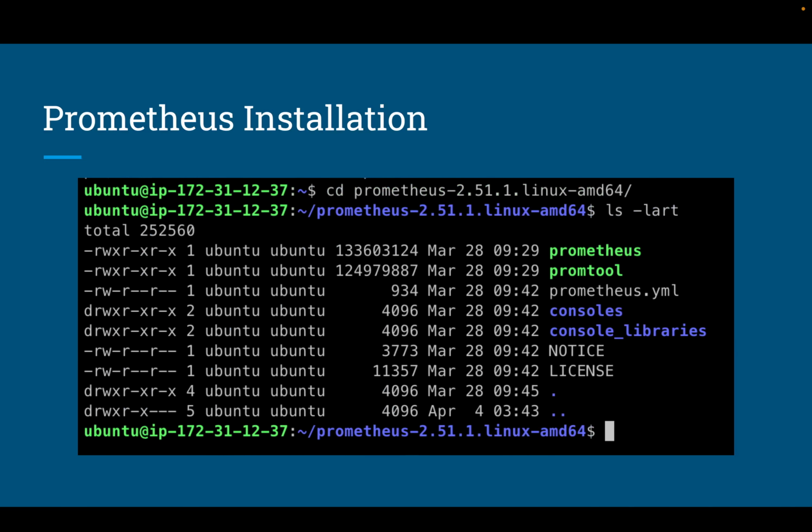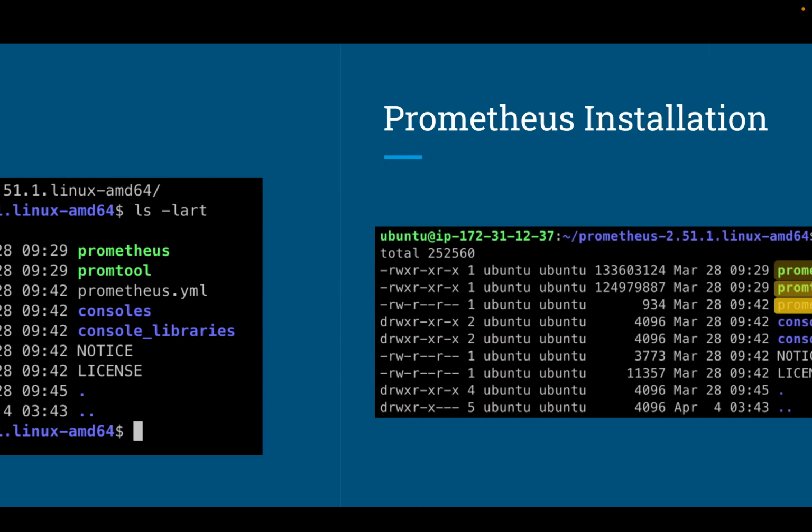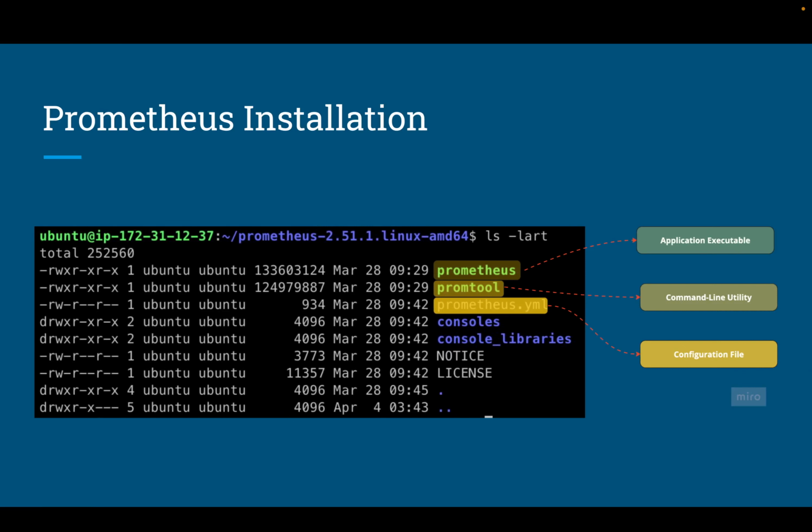Now let's navigate into that folder using cd, and if you do ls -lrt, you will see all the files listed with additional details. If you observe closely, we need to focus on three things the most. The first one is prometheus, the application executable, which we will use to start the Prometheus server on our Ubuntu machine.